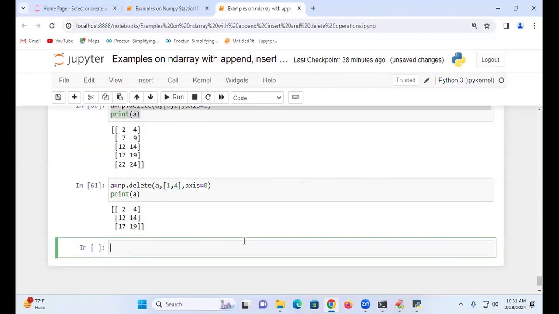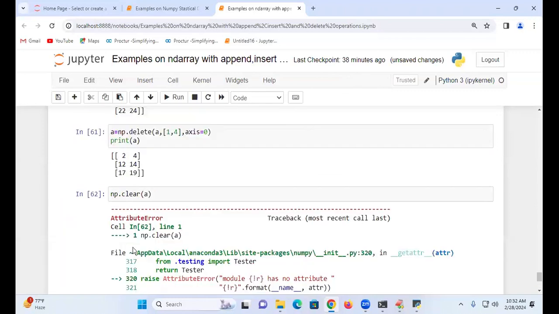Yes. Now I want to remove everything. np.clear of a? Error is coming.